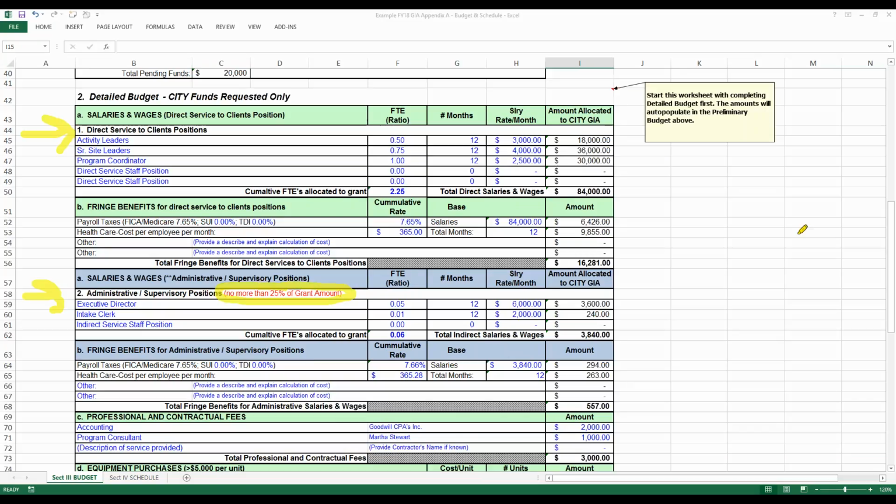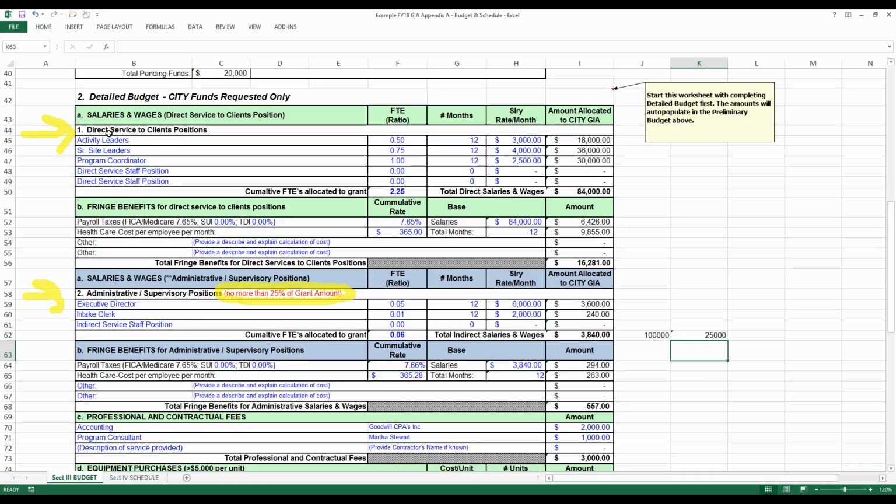Let me give you a quick example. Let's say your total grant amount is 100,000, your administrative supervisory position is limited only to 25%, which is $25,000, and this includes the salaries and all the fringe benefits and payroll taxes.